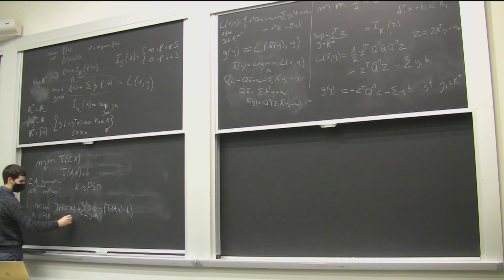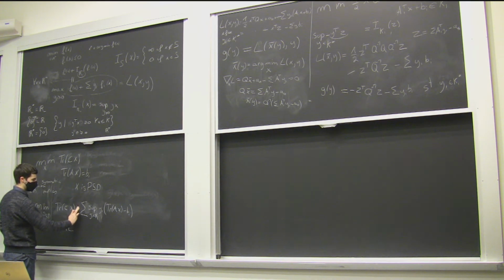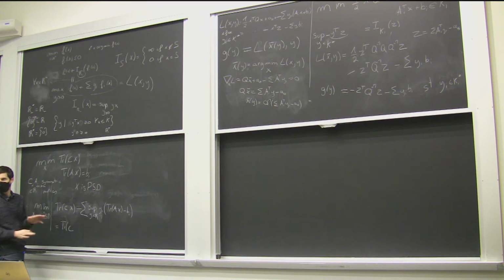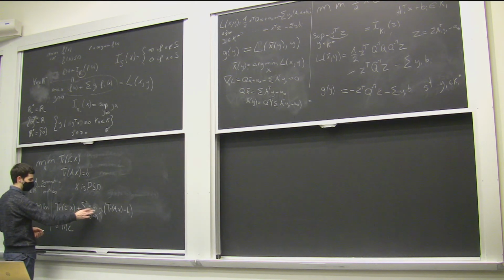So in the Lagrangian, this is equal to trace of C, here I could put plus or minus. No, it does matter. I should put minus, because the supremum is inside, right?